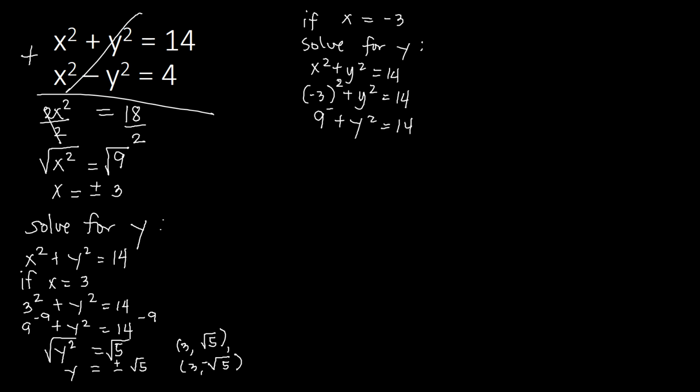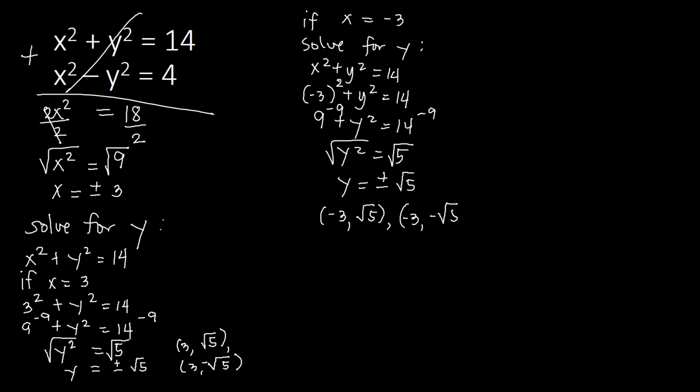We move 9 to the other side by subtracting it on both sides. We have y squared equal to 14 minus 9, which is simply 5. We get the square root of that. Our y value is positive or negative square root of 5. So when x is negative 3, we have y as square root of 5, and when x is negative 3, we have y as negative square root of 5 also.